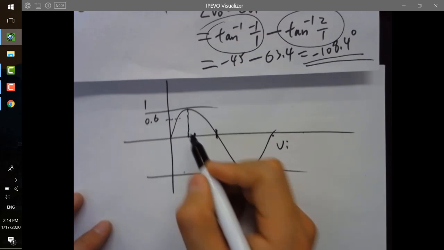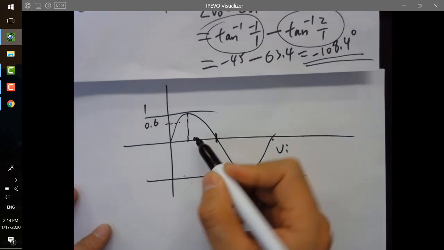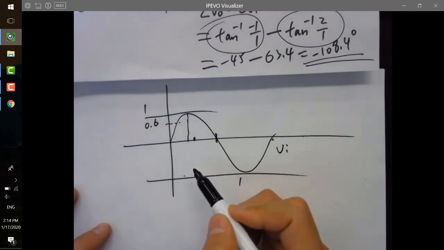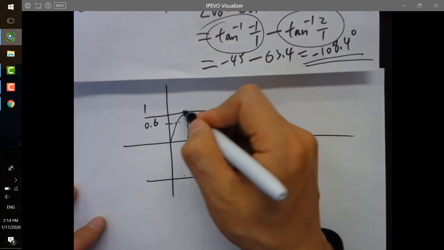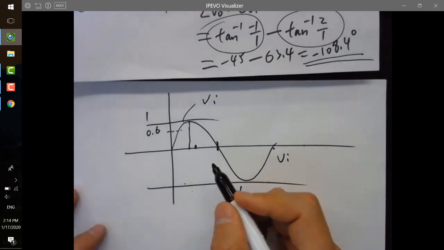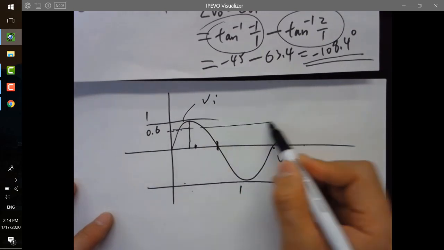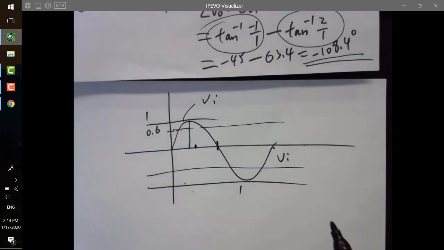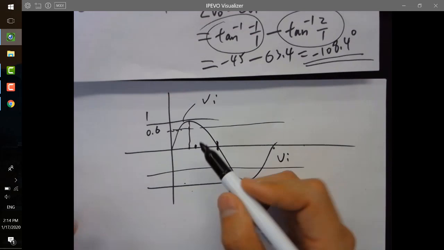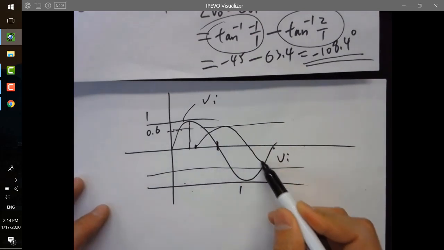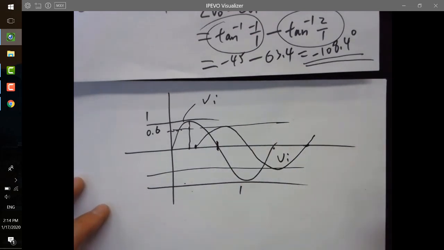So for this one, it's 108 degrees. No, so that's V in, right? And your VL is lagging because of time delay. So that's why it's over here. And also the amplitude is 60%. So when you are drawing that, you want to draw it in that way. I'm going to just ask you to draw it qualitatively.